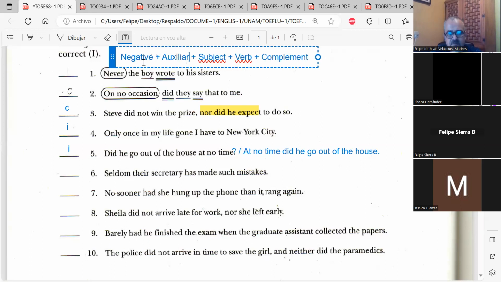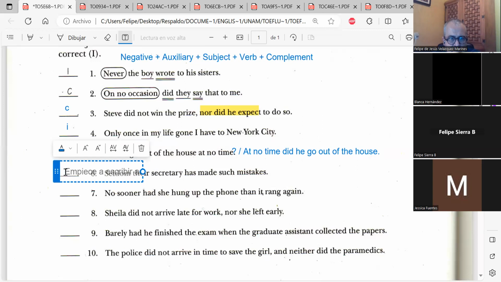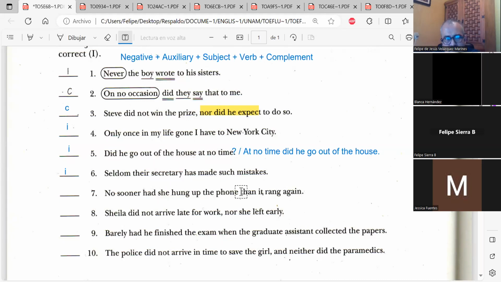What is the auxiliary in this sentence? Has. Seldom has the secretary made such mistakes. Yes, seldom has their secretary made such mistakes. Very good.